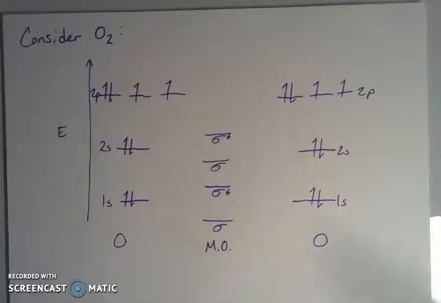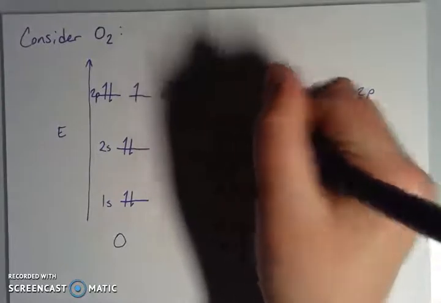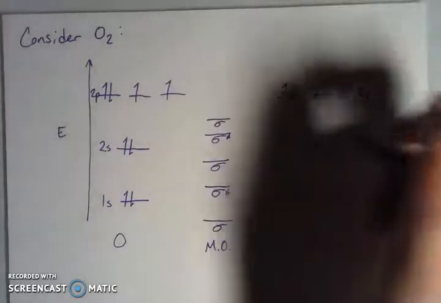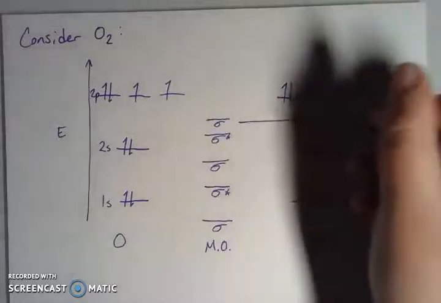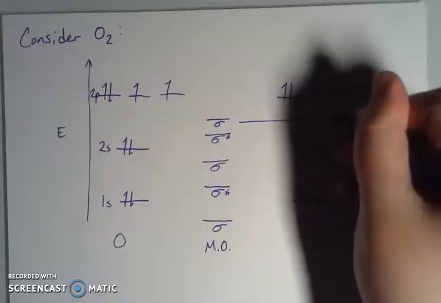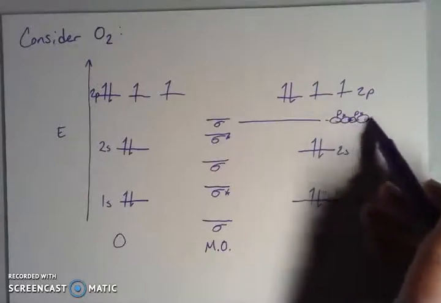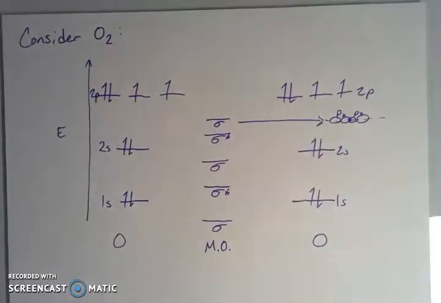If we think about the px's, those are going to interact in a sigma way. So the sigma here are my px's. That's a sigma interaction because it's along the bond axis, and that's what the sigma looks like.